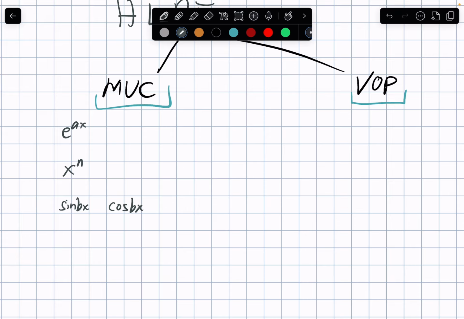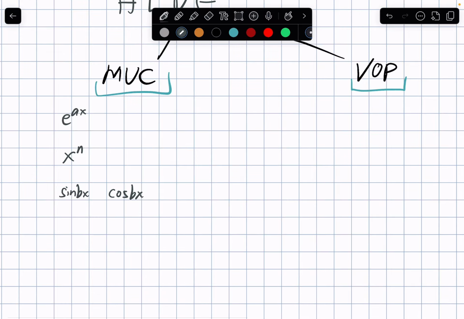And it's more complicated because aside from differentiation, you also have to apply integration. In MUC, you have to apply differentiation only. So although both solutions are long, normally, it's much more complicated if you use VOP.